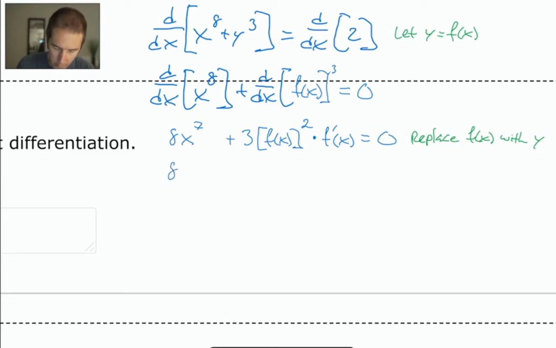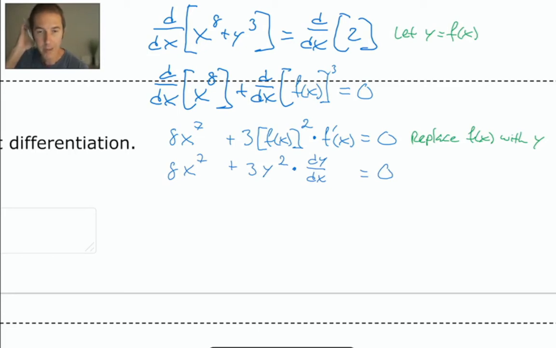So we have 8 times x to the 7 plus 3y squared times dy dx equals 0. F of x is a function of x. Y is a function of x. So f prime of x and dy dx are equivalent. We're just swapping notation a little bit here in order to be working with something that looks a little bit more familiar to you. That idea of using the chain rule when you have a function or an expression being raised to a power.